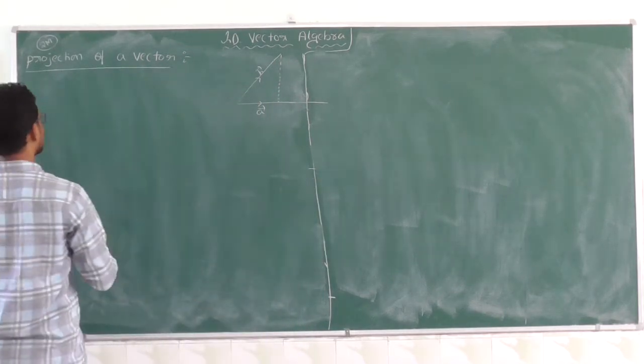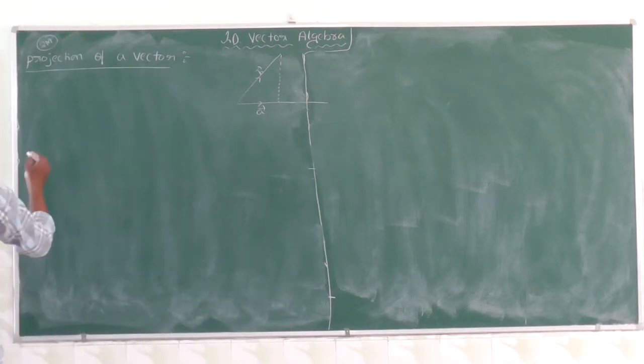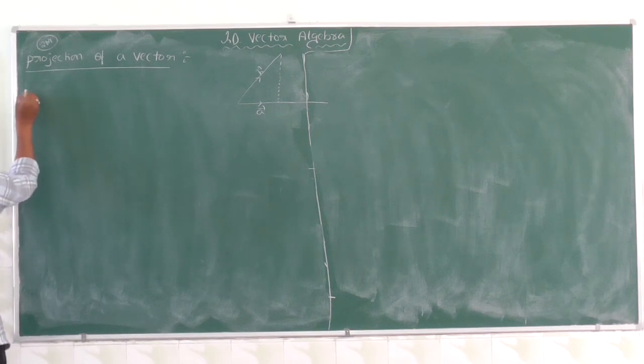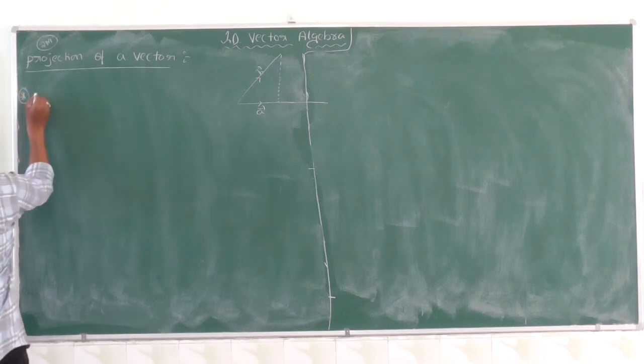How to find the projection of A on B? We have one formula.